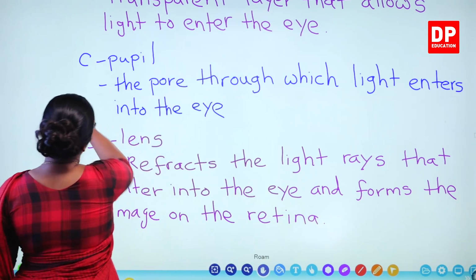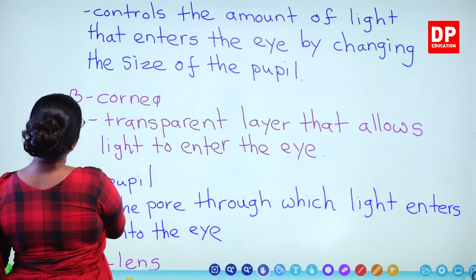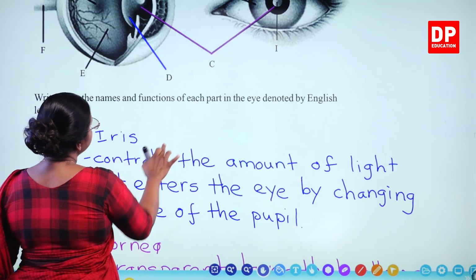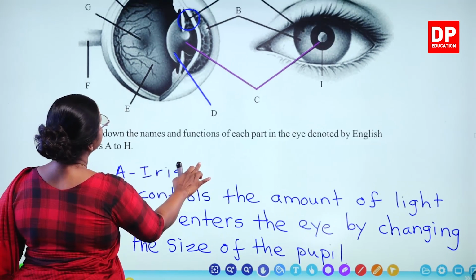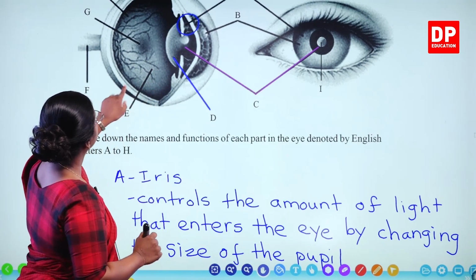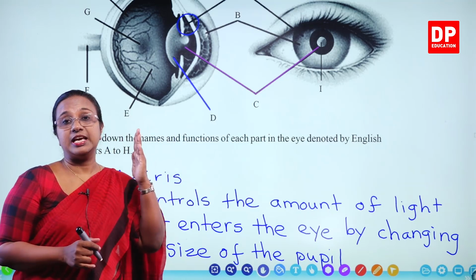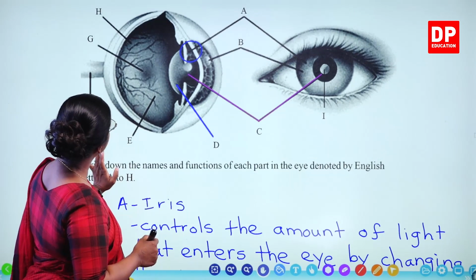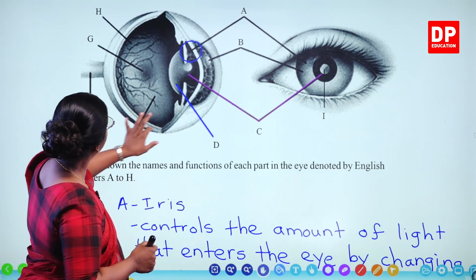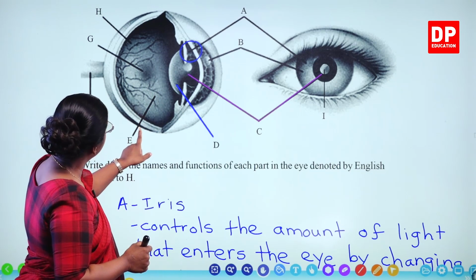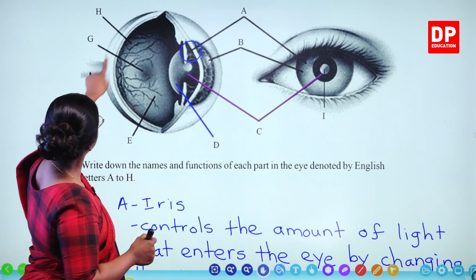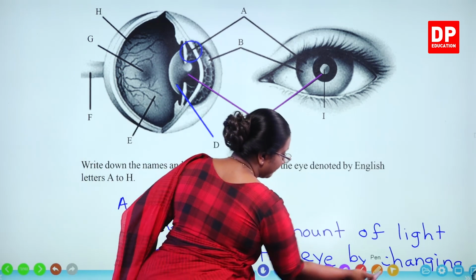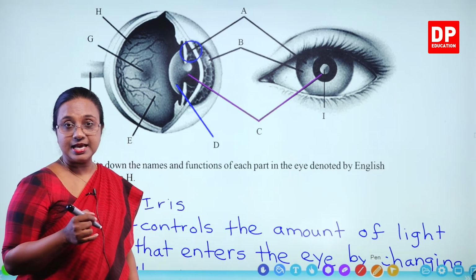Then after that, what do we have? After D, we have E. What is E? Can you all identify E here? Now this part, the innermost layer. What is the innermost layer? But before we go to that, students, if we look at all the other letters, E, F, G and H, I will just label it and show you all here as well.